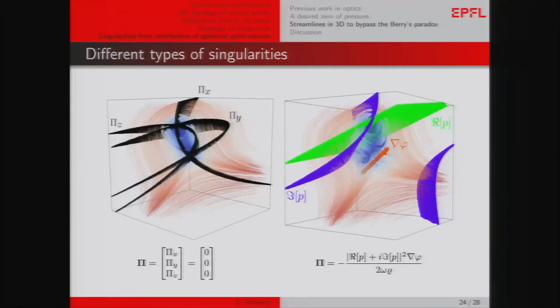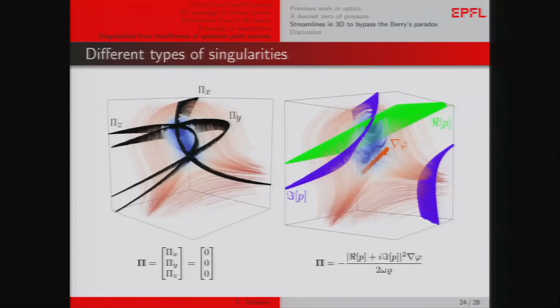Here you can have another representation if you want to separate what happens from saddles to vortices. You can have the zero of the gradient of the phase of the pressure, which is the saddle line, and you can have the zero of the intersection of the surfaces of zero of the real part and imaginary part of the pressure, which defines the vortex line.